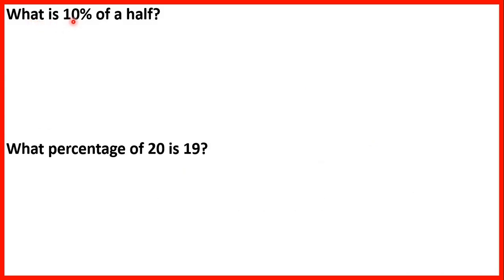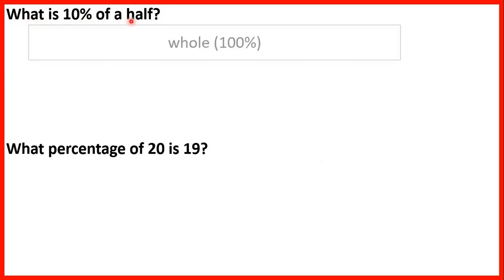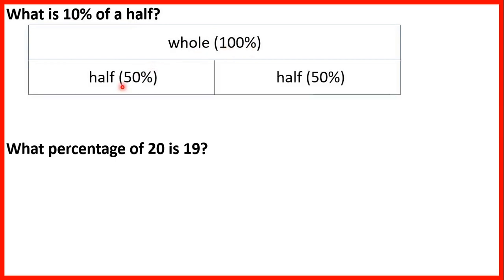What is 10% of a half? So 1 whole is 100%, and that means a half is 50%. So we want to find 10% of 50%. 10% is the same as 1/10 because a percentage is a fraction with a denominator of 100 and 10 hundredths simplifies to 1/10.